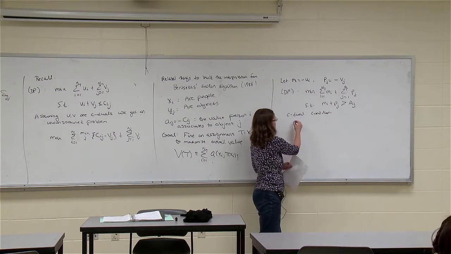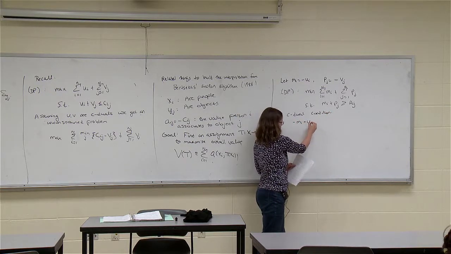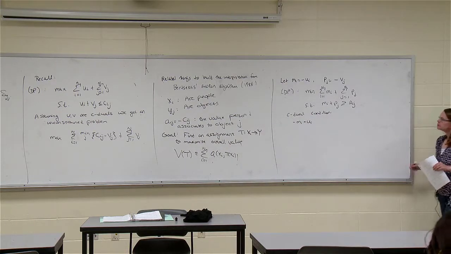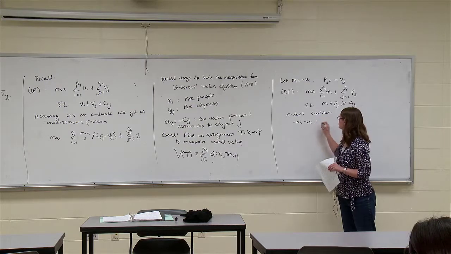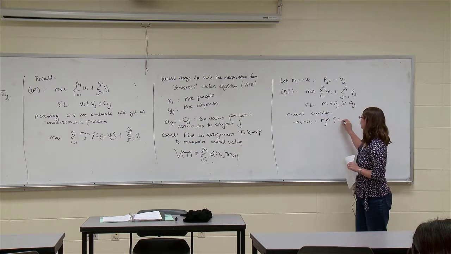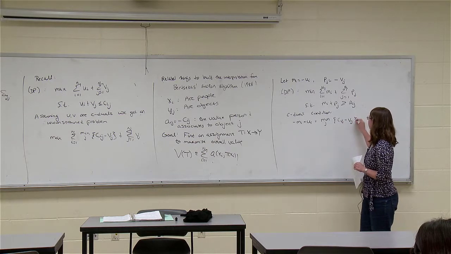Okay, that minus m_i is u_i, which we knew was going to be the minimization of c_ij minus v_j.